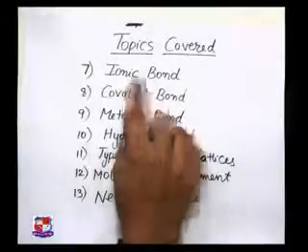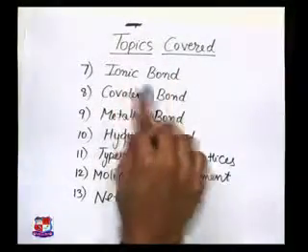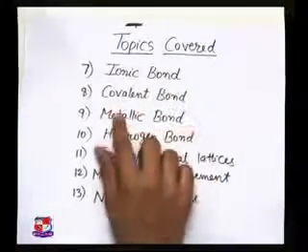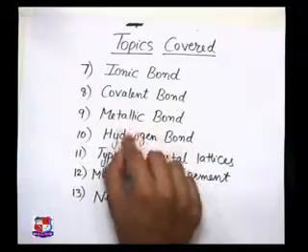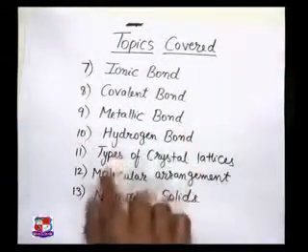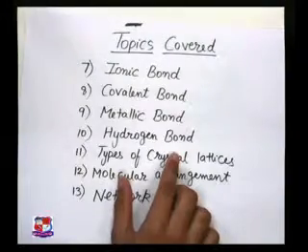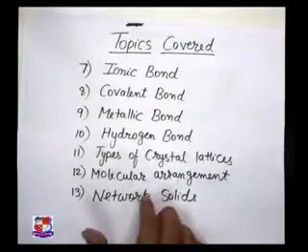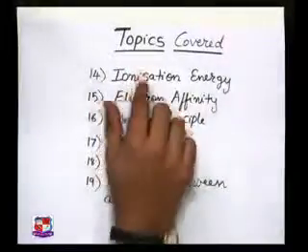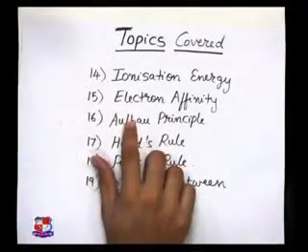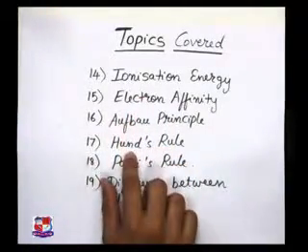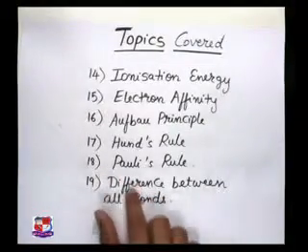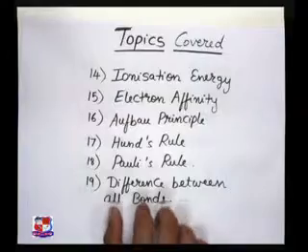Then ionic bond and its characteristics, covalent bond and its characteristics, metallic bond and its properties, hydrogen bond and its significance, types of crystal lattices with examples, molecular arrangements in solids, liquids and gases, and network solids including the examples of diamond and graphite. Then ionization energy and electron affinity concepts were discussed. We covered the Aufbau principle, Hund's rule, Pauli's rule, and the comparisons between all the types of bonds.